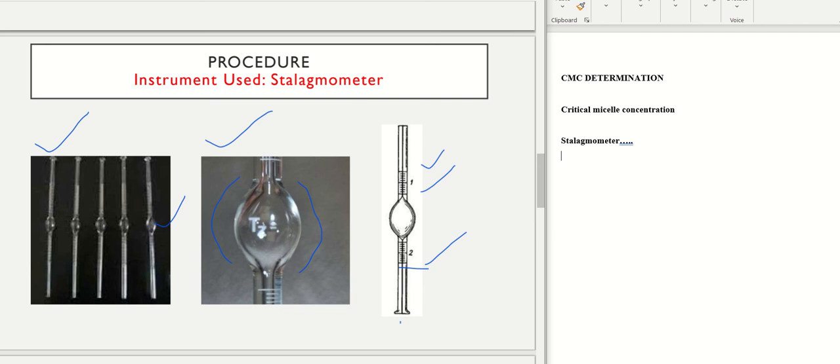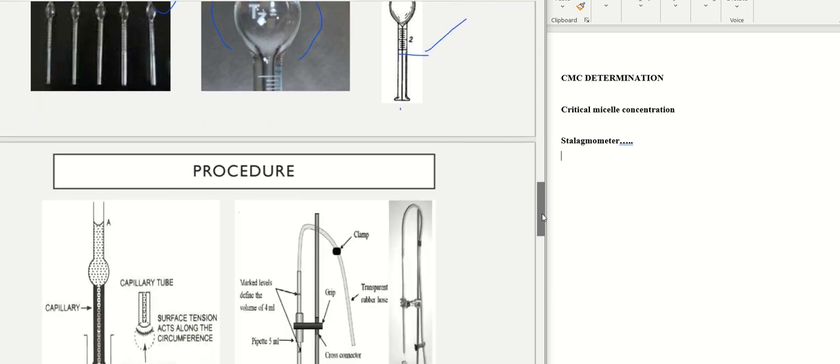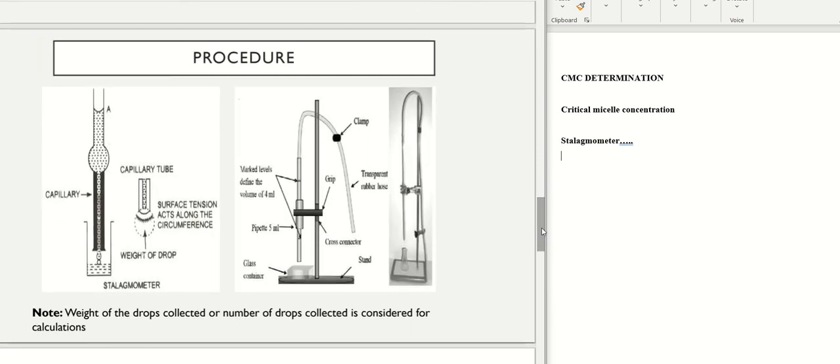The other end is an opening which is connected to a rubber tubing. This is the construction of a stalagmometer. Now, let's see how we can work on this instrument. This stalagmometer is attached to a rubber tubing and is set up to a stand.